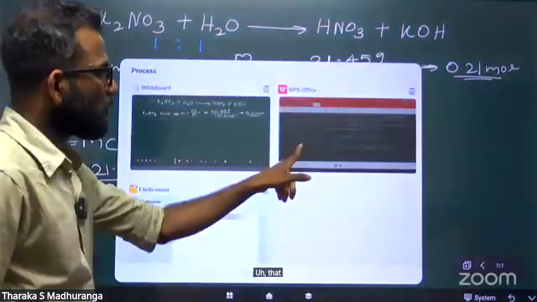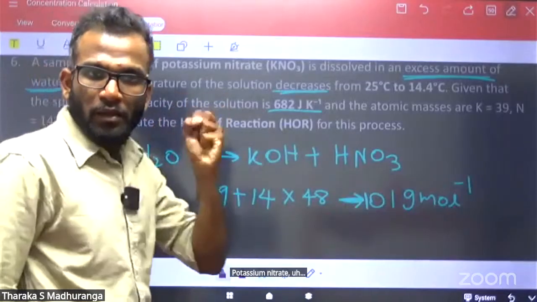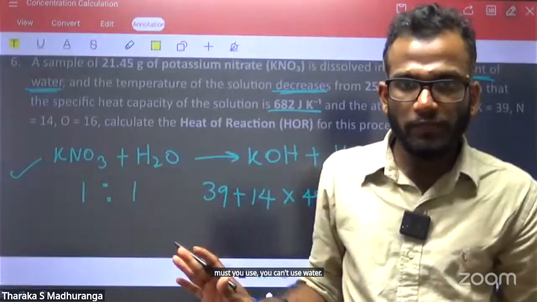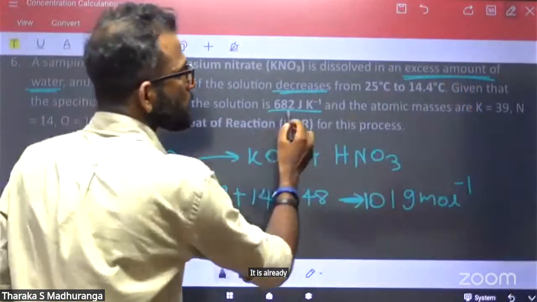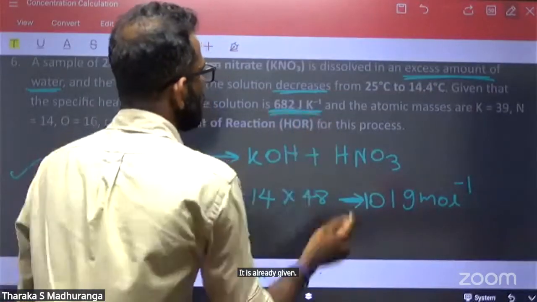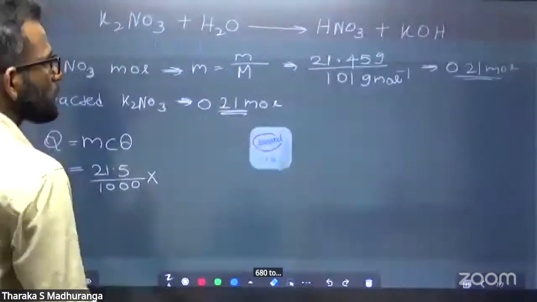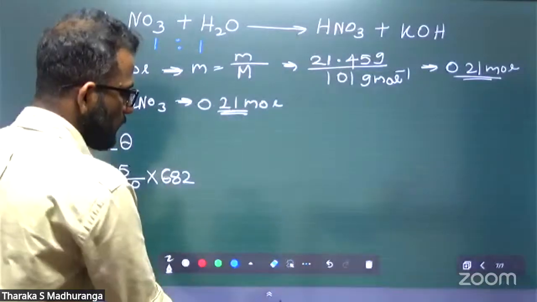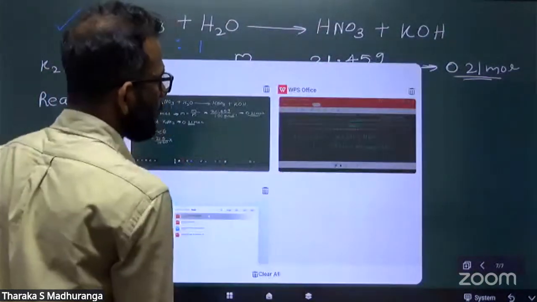That's the important one. If you use the potassium nitrate mass, you can't use the water specific heat capacity. It is already given, 682, in standard unit, J K minus 1.